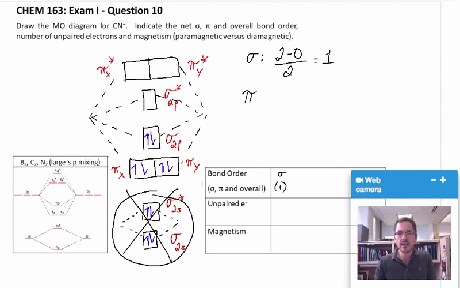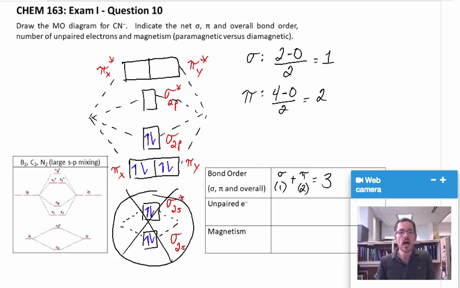For my pi, I have 4 in my bonding, nothing in my anti-bonding, and dividing that by 2 gives me a value of 2. So my overall bond order is my sigma plus my pi, giving me an overall bond order of 3, since nothing is in my anti-bonding.